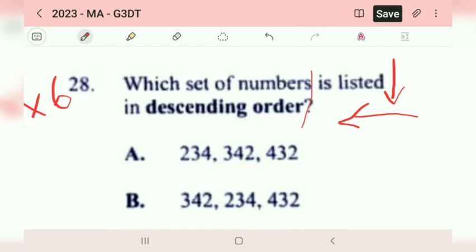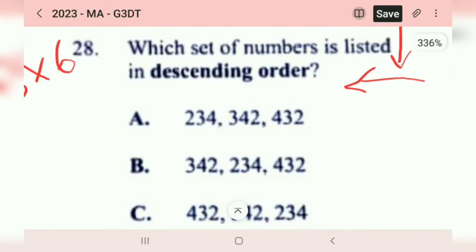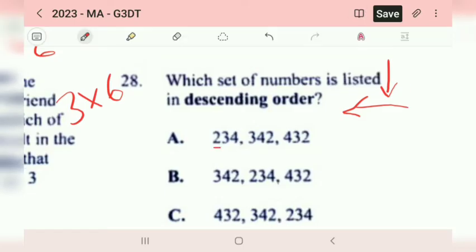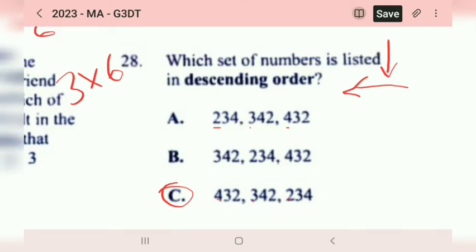Let's look at the numbers we're working with: 334, 342, 400. We know that the number to begin the sequence with must be 400. They're all hundreds, but we have a 200, a 300, and a 400. So which one begins with 400? It's at C, which means that this one has it in correct order: 400, then 300, then 200. Give yourself a hand if you had figured that out.